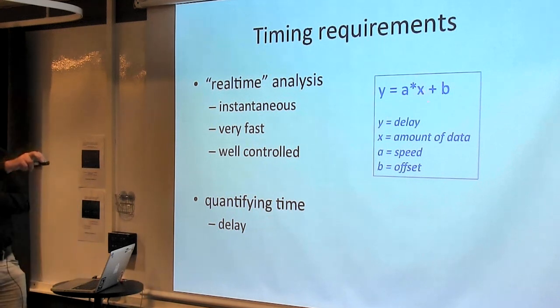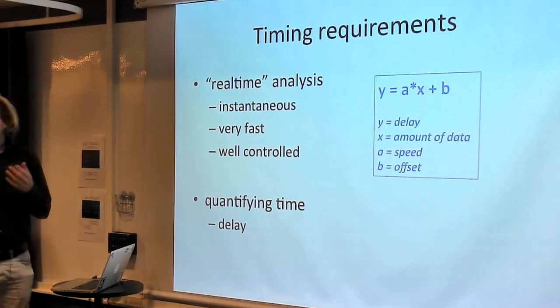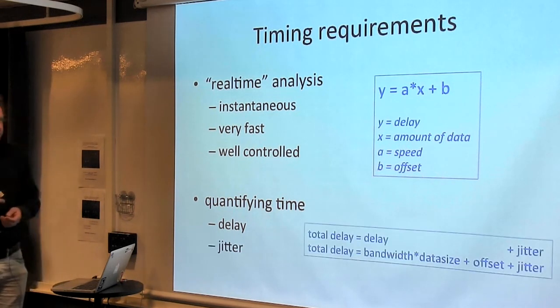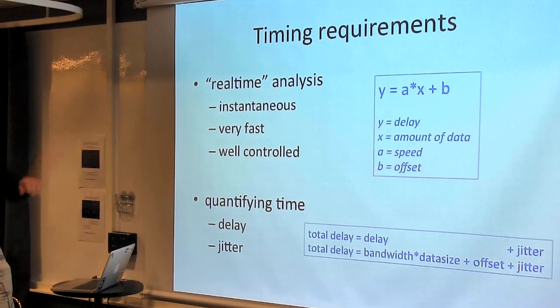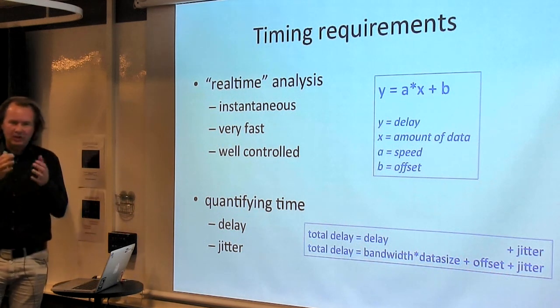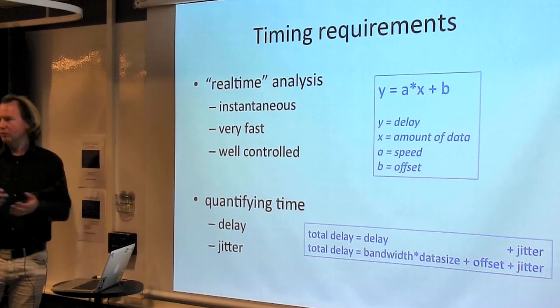So this is the amount of data, and then we have the speed of the operation, and we have a certain offset. However, the total delay that we have to deal with is the delay plus a certain amount of jitter. So it's not only about the bandwidth times the data size plus this offset, but it's also about this jitter. That's why it would be a very bad choice to do this over Wi-Fi, because there would be a lot of jitter.